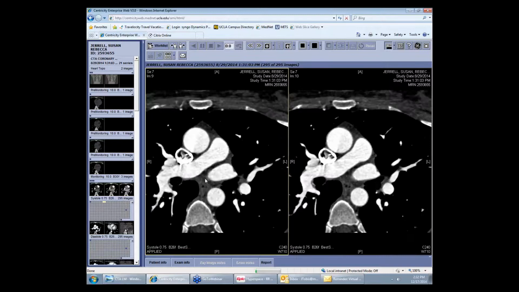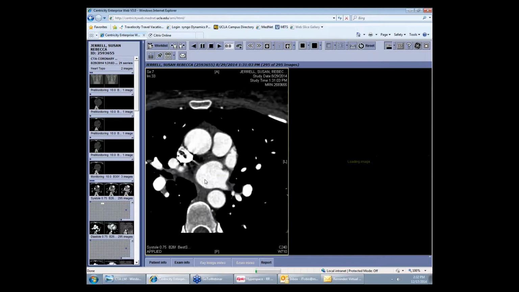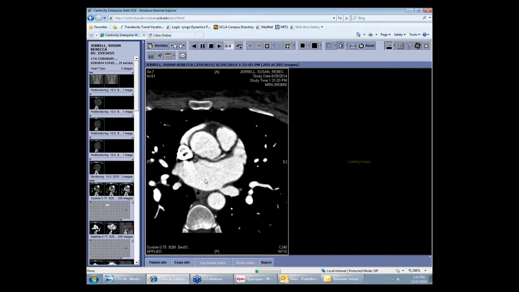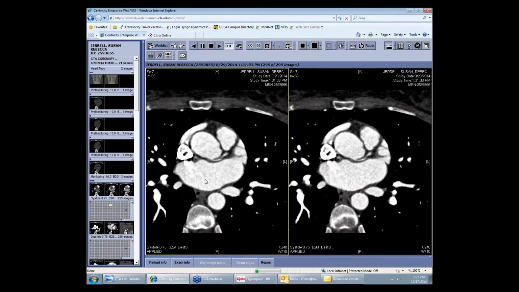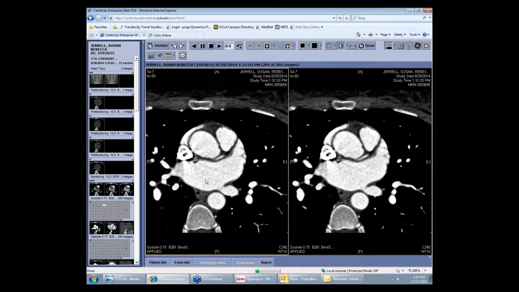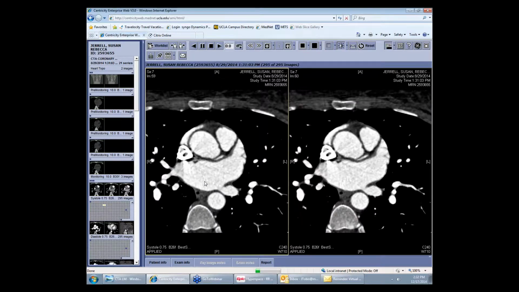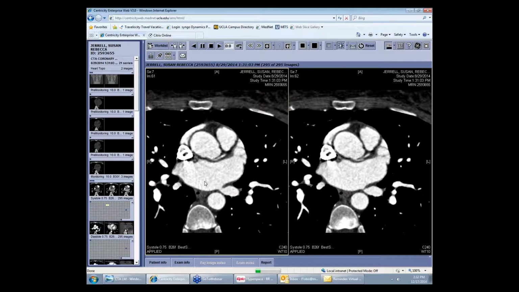And then we have an anatomy that can justify, at least to suggest the possibility of a left main stenosis by hypoplasia more than lateral compression, but probably both. But hypoplasia, I think, is the dominant feature.